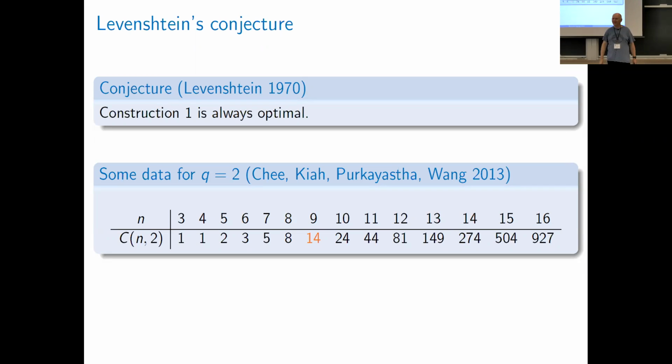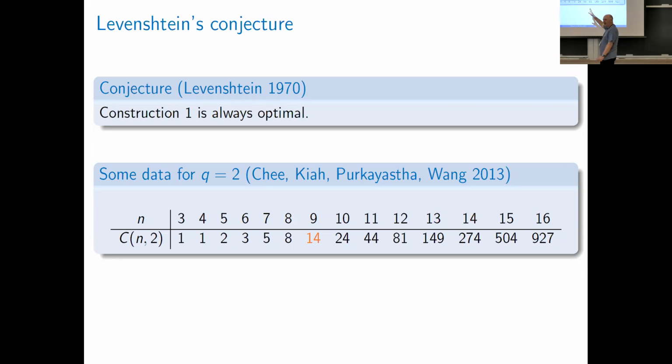It's amazing what you can do with clique finding algorithms nowadays. And if you compare this to construction 1, the Gilbert-Levenshtein construction, Gilbert-Levenshtein achieves that bound for all of these values, except n equals 9. That's why it's in red. There is a construction that achieves 14, whereas 13 is the best you can do for the Gilbert-Levenshtein construction. So it doesn't quite get there for n equals 9.